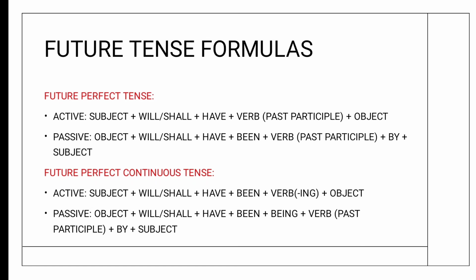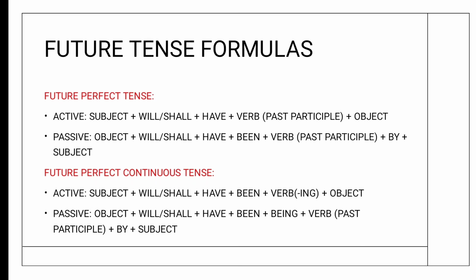So next, future perfect continuous tense. So what is the active voice formula of future perfect continuous? In active voice itself we get will have been or shall have been in the future perfect continuous tense. So subject plus will have been or shall have been plus verb which is in the ing form plus object.